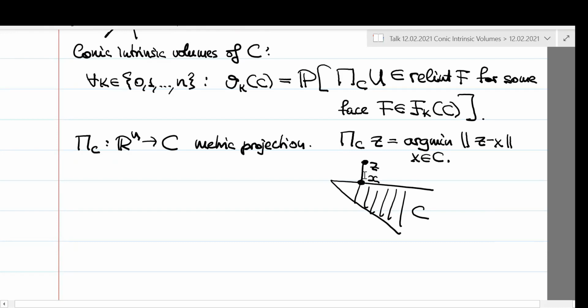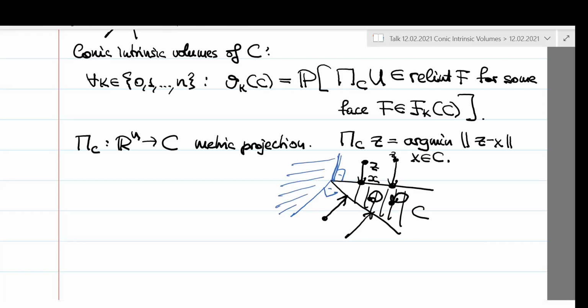In this case, it looks like here. So if z would be there, that would be the metric projection. If z would be here, then the metric projection would be z itself. If z is here, we have this. And finally, one can understand how it looks. So if this is the so-called dual cone, then the projection is 0. So all these z are projected to 0.